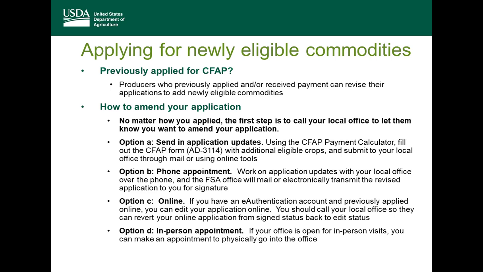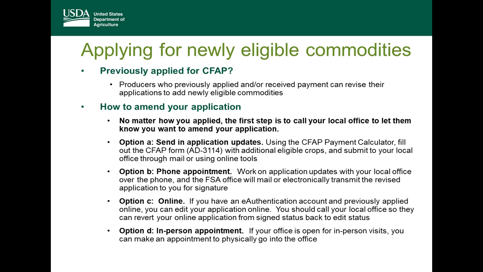So if you've previously applied and you need to make an amendment to the application, these are the few options that you have available. You could actually send in application updates, and to do that, you would need to use that payment calculator again and fill out the form.